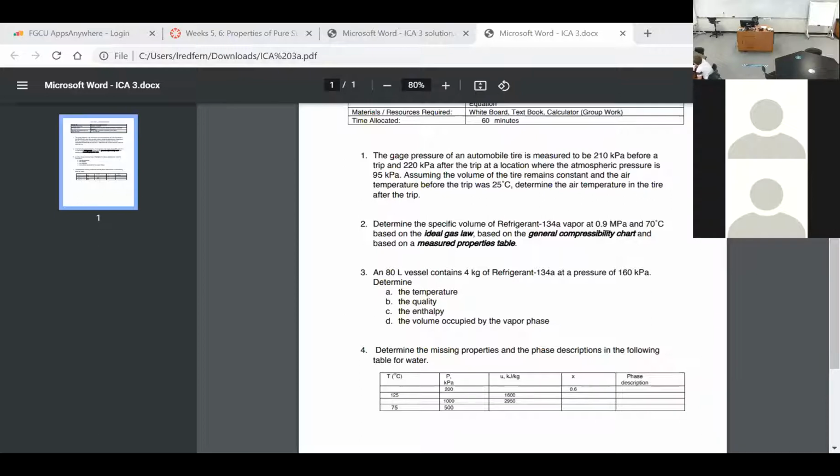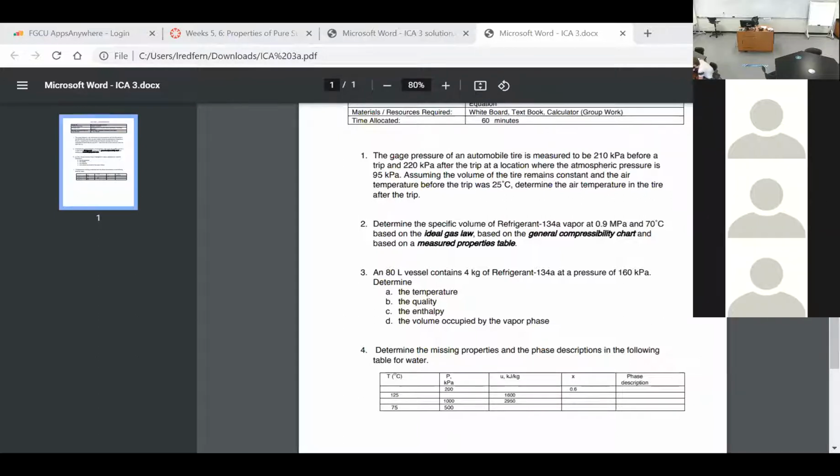So our pressure and then temperature, and it's from rearranging this equation. This is your specific volume on average.